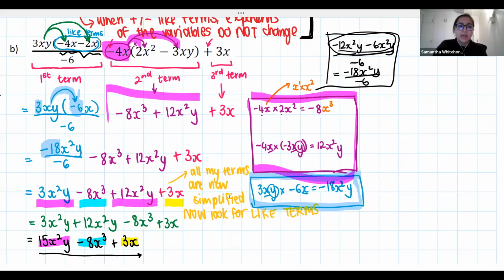So that is how we get the second term simplified. And then there was a question about how did we go from minus 18x squared y to 3x squared y? I simplified. Negative 18 divided by negative 6 is positive 3. So I simplified my fraction and I then could work from there.